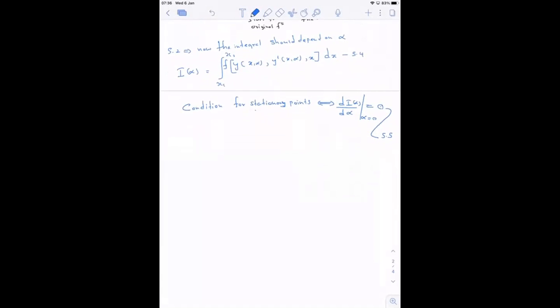Right. Now take this in equation 5.4 and let's find dI over dα, because that should be equal to 0 in order to have stationary points.